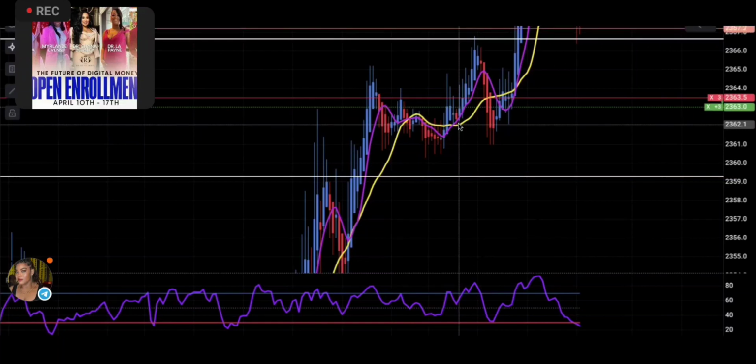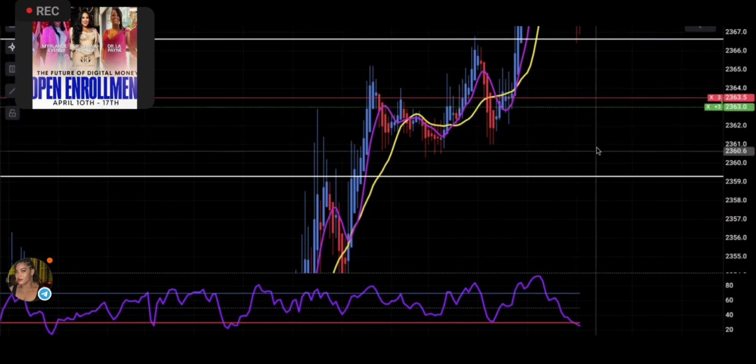And if I want to put it in my Forex account, I'm going to subtract 6, which is 2357.5, which I do believe is already a trade that I have given you all. And I'm going to go 2357.5 to 2356.5 for my sell stop.